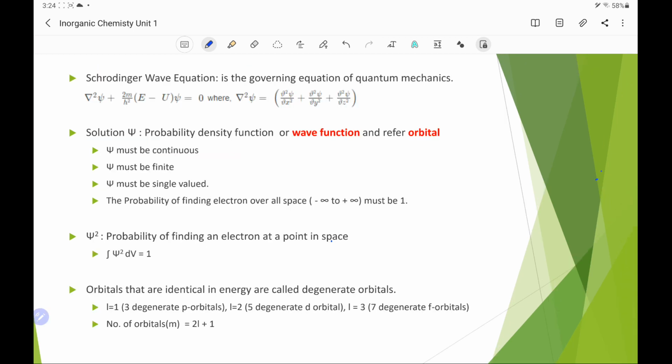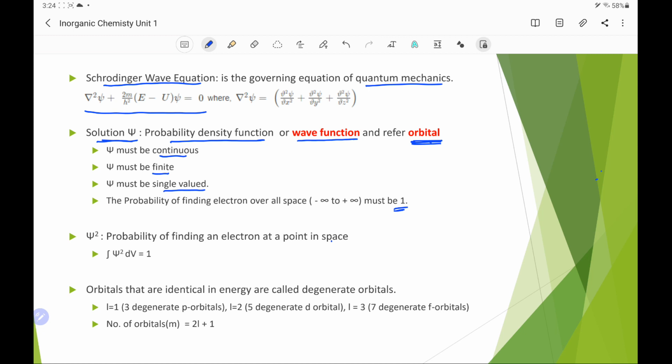The equation governing quantum mechanics is the Schrodinger wave equation, which is given here. The solution of this equation is the probability density function, also called the wave function or the orbital. The properties of the probability density function are that it must be continuous, finite, and single valued, and the probability of finding the electron over all space will be 1.